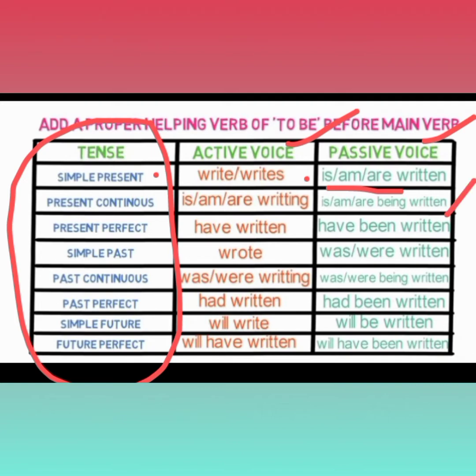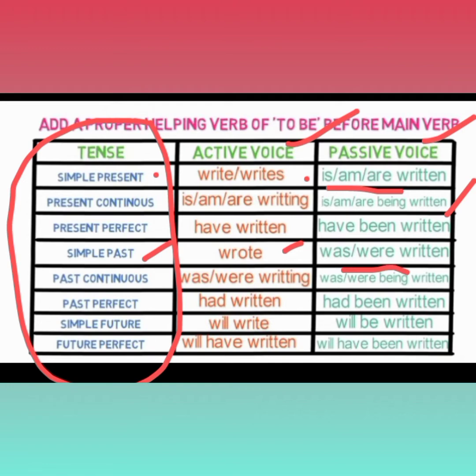If the active voice is in present perfect tense, like have written, then it will be changed into have been written. Okay, have plus been will be added, and the third form of the verb. For simple past tense, it will be was or were, plus the third form of the verb.